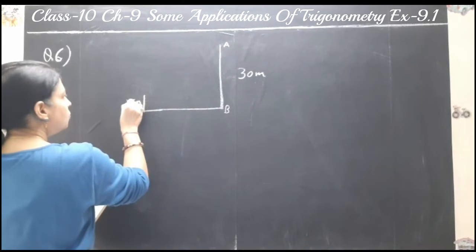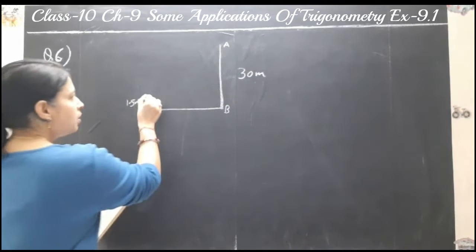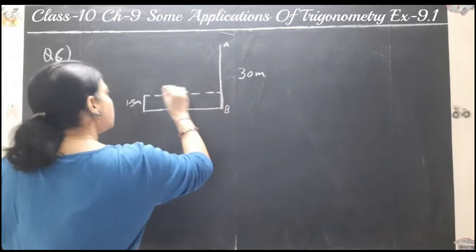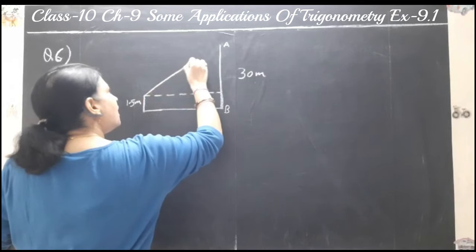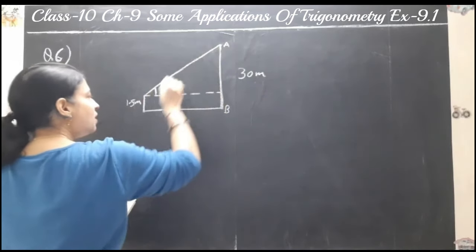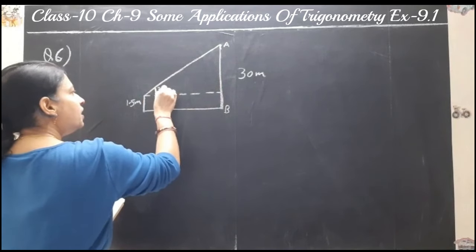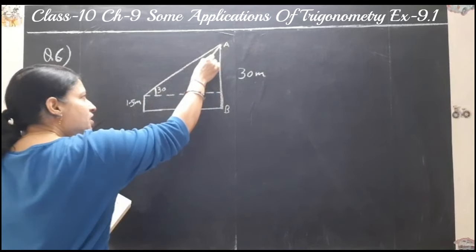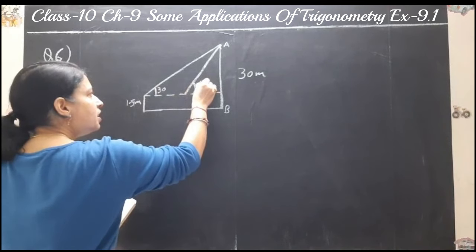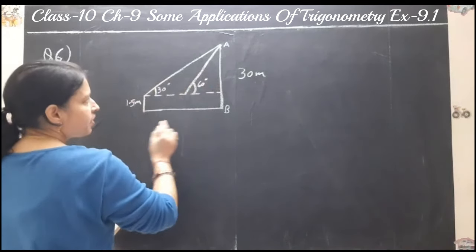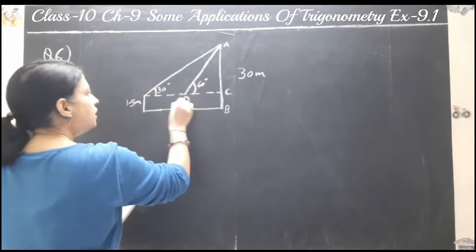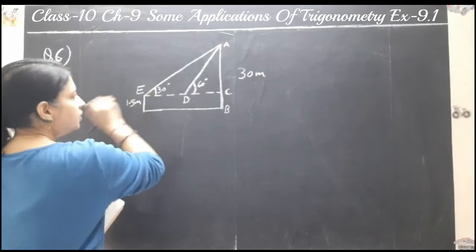And the angle of elevation from his eyes to the top of the building is first 30 degree. After moving some distance, it is 60 degree. So right here 60 degree, 30 degree. So right here C, D and E.